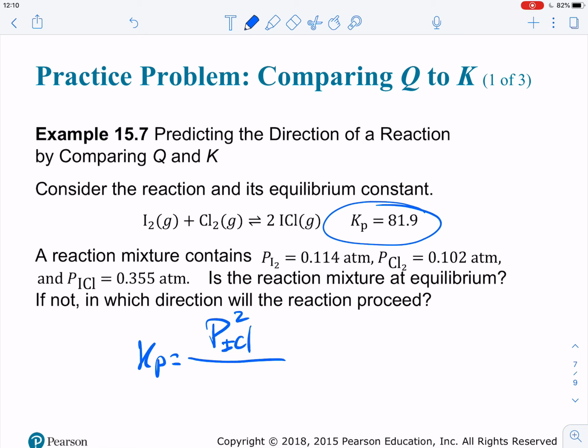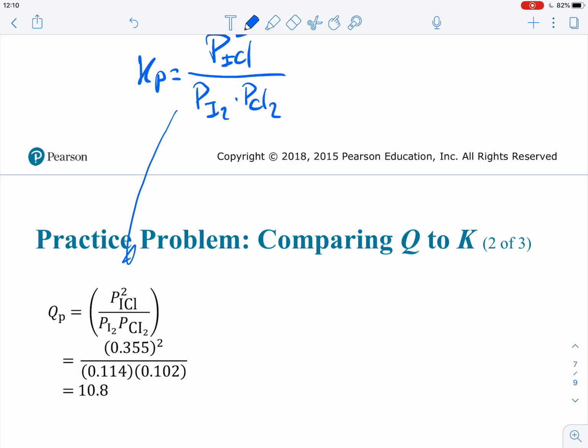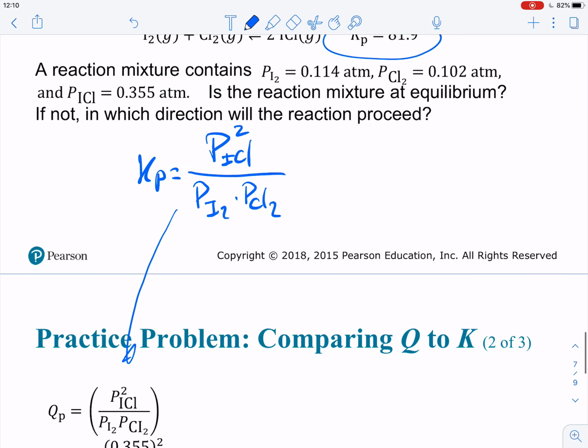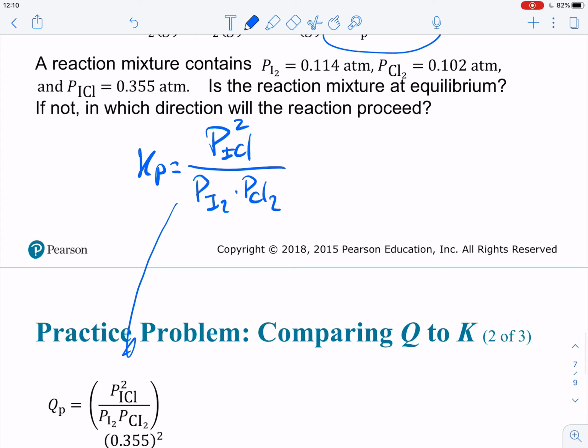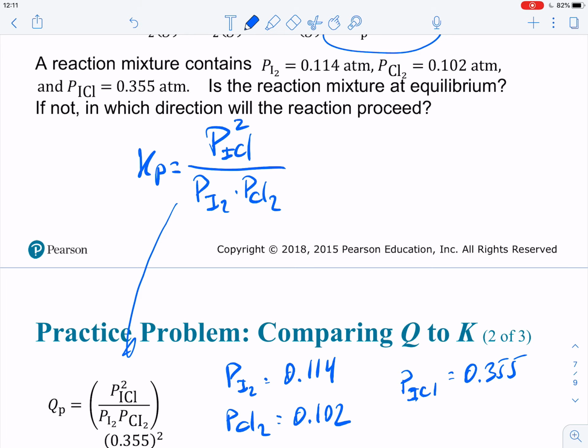Okay, so if we do that calculation, this is what we have here. Remember, the pressure of I2 is equal to 0.114. We can forget about the units for now. The pressure of Cl2 is 0.102, and the pressure of ICl is 0.355.